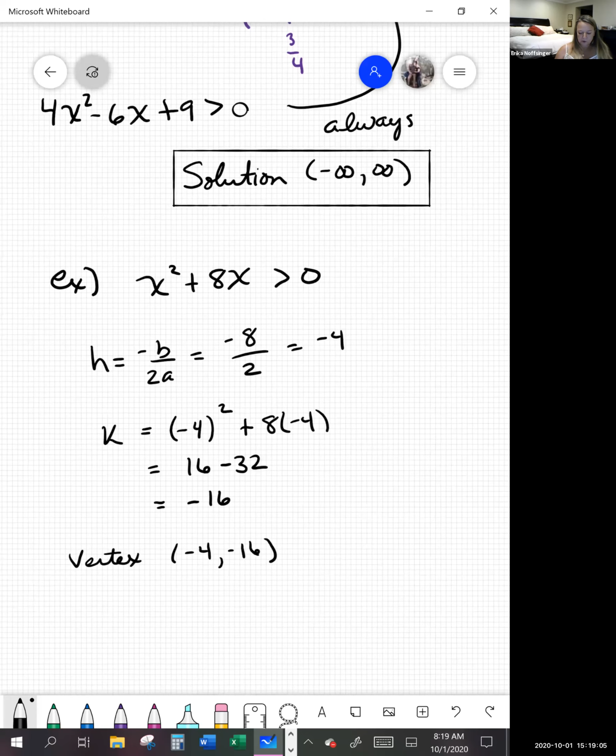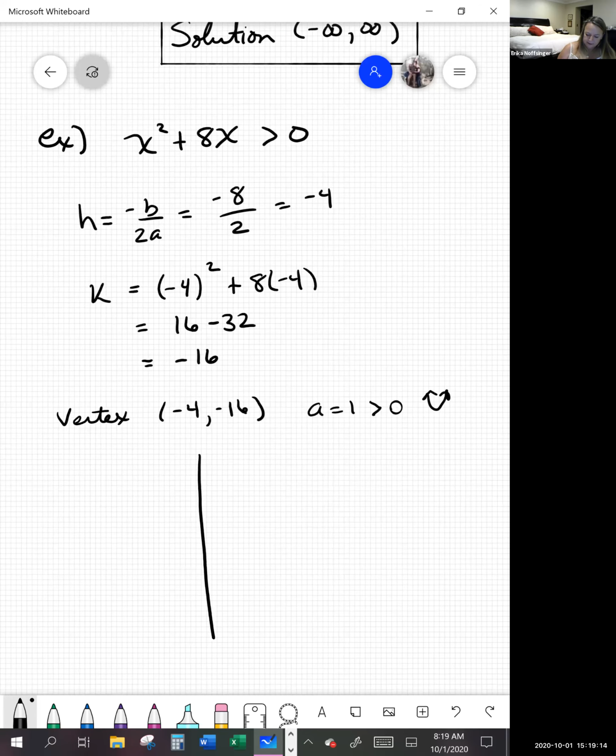Our a value is 1. It's greater than 0, so it faces upwards. We now see that our vertex is falling below the x-axis. Oops, that's not a point. So negative 4, negative 16. I'm just going to say this is negative 16 down here, and it's facing upwards.